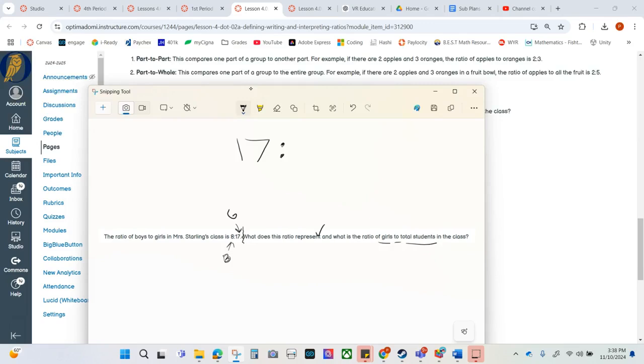Not 8, not 17, but if there's 8 boys and 17 girls, then yeah, you're right. We would add these together. Thanks for letting me read your brain. And if we did add these together, we would get a final answer of 25. Thank you, calculator. So our ratio of girls to total students is 17 to 25.